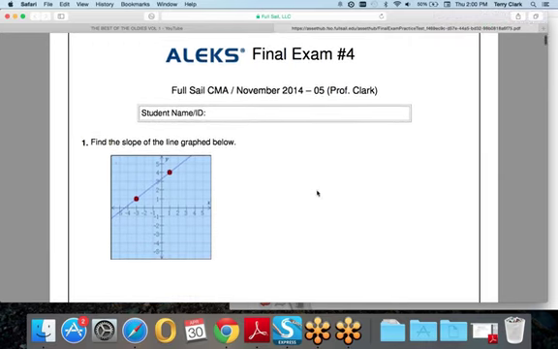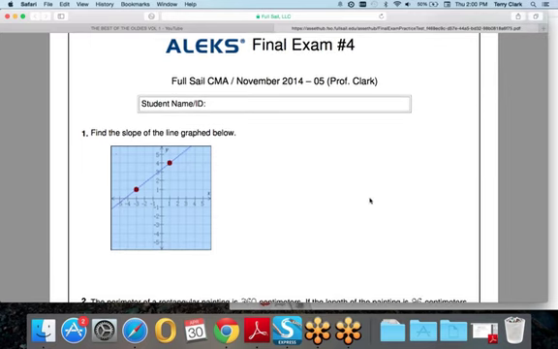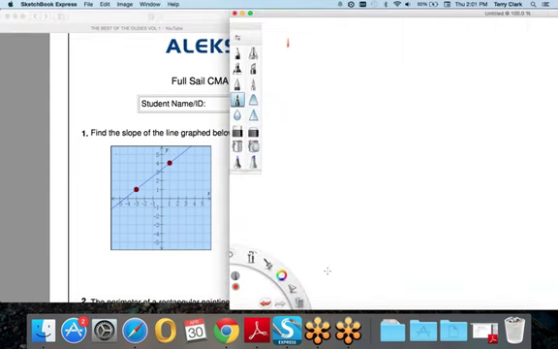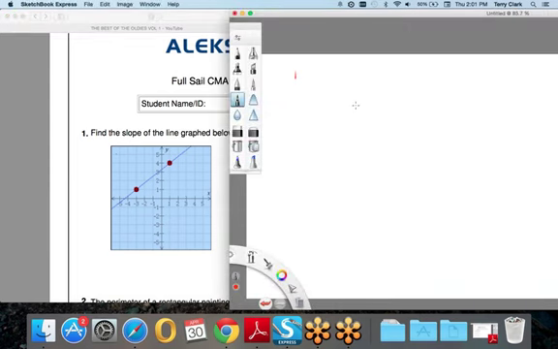The first question that we're going to be working with is finding the slope of the line graph below. The slope is going to consist of two things: x and y. So we're trying to figure out what are the changes in x over what are the changes in y.